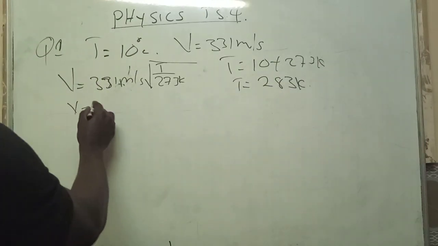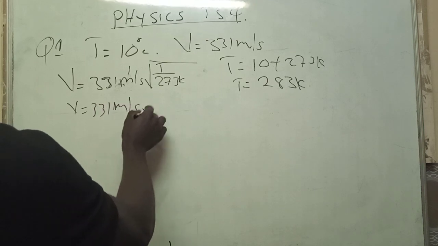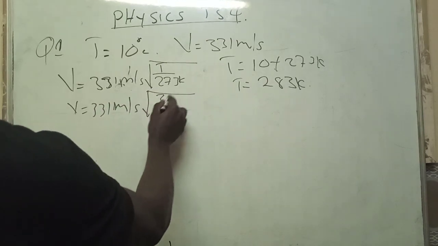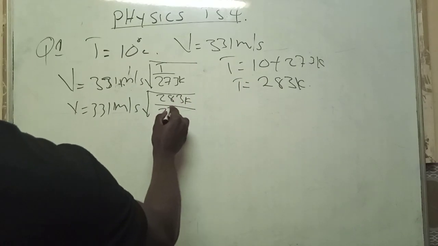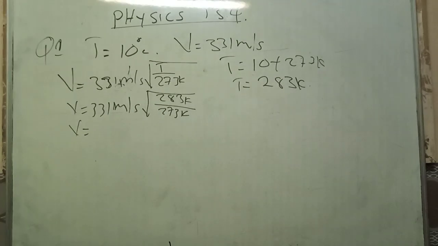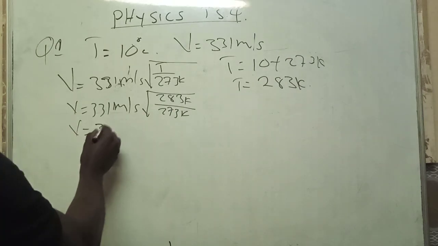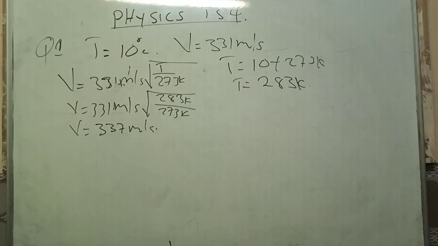Then I substitute there, I'm going to get the square root of 283 Kelvin over 273 Kelvin. If you do the math on the calculator, we are supposed to find 337 meters per second. So this is the velocity which the sound was traveling with.